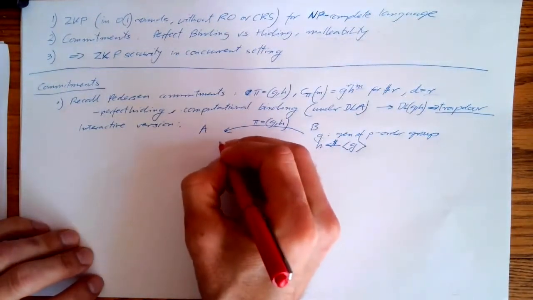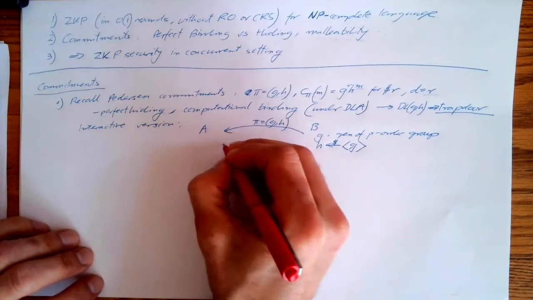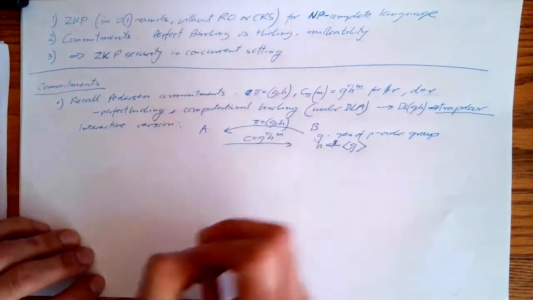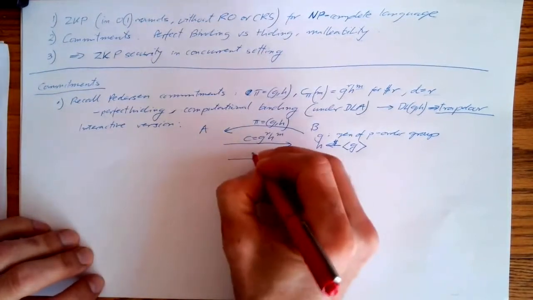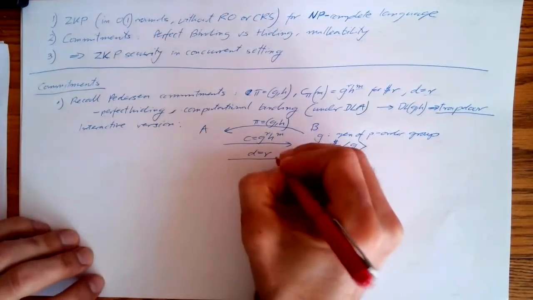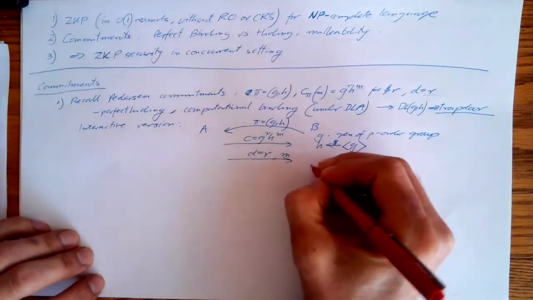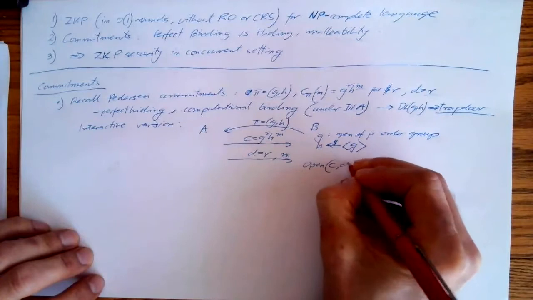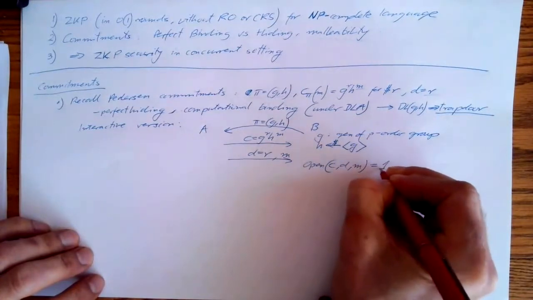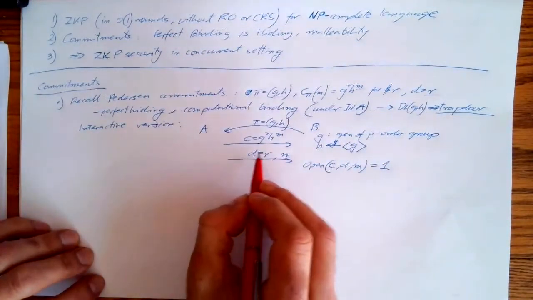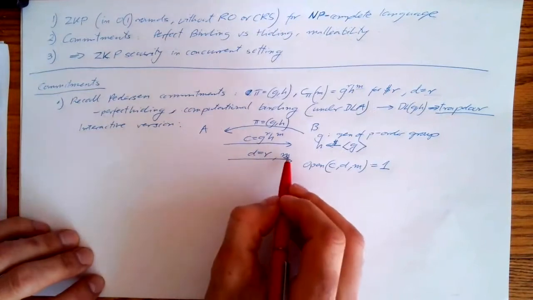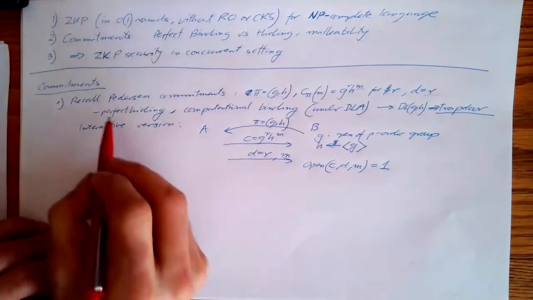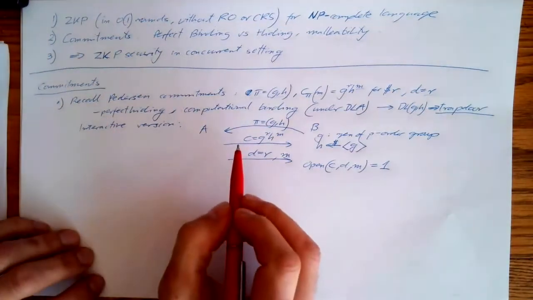And now A can commit to a message and then decommit. And if he reveals the M, then B can verify whether this commitment, decommitment and the message correspond to one another. And the properties are preserved.